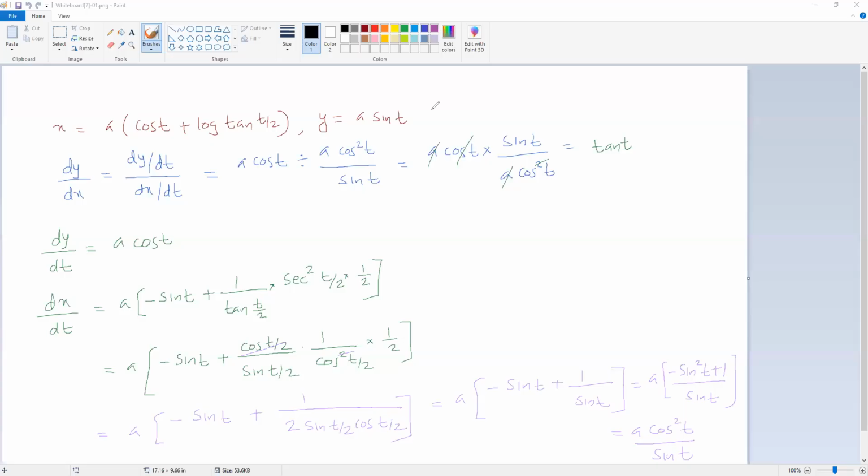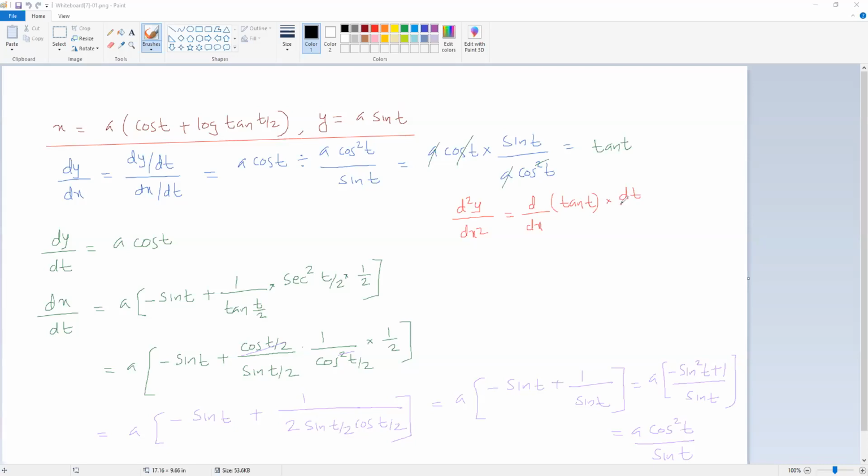The same thing can be done with this question also. x is equal to a cos t plus log tan t by 2 and y is equal to a sin t. So we found the first derivative. If you want to find the second derivative, d square y by dx square is equal to d by dx of the first derivative, which is tan t, into dt by dx since the variable is t.